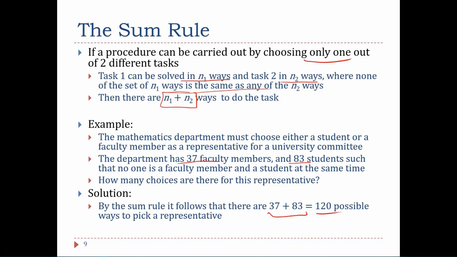Okay, because you can either pick one of those faculty members or one of those 83 students, and there are no redundancies between them. So none of these 37 and 83 possibilities is redundant or similar.